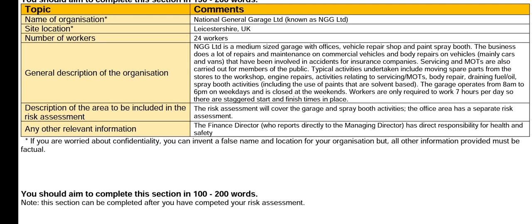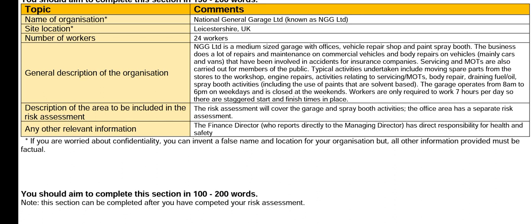Then any other relevant information. The finance director, who reports directly to the managing director, has direct responsibility for health and safety. You will mention the person who is responsible for health and safety.